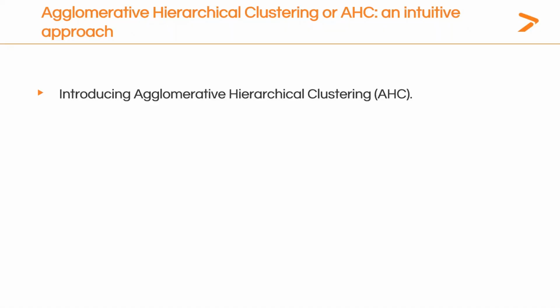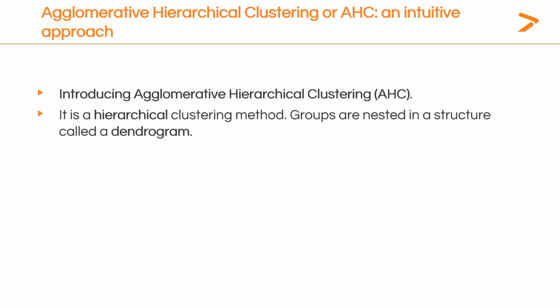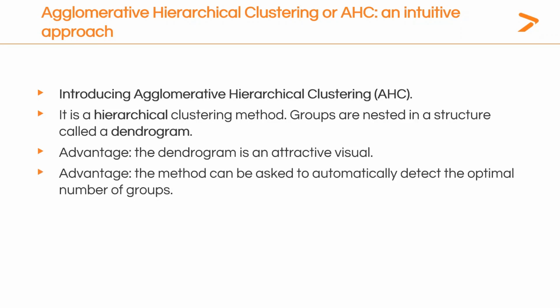Among these clustering tools, let me cite Agglomerative Hierarchical Clustering, which is also called AHC. It's a hierarchical clustering method. Groups are nested in a structure called a dendrogram. It's very pretty, you'll see. Among the advantages of AHC, the dendrogram is an attractive visual, and the method can be asked to automatically detect the optimal number of groups.